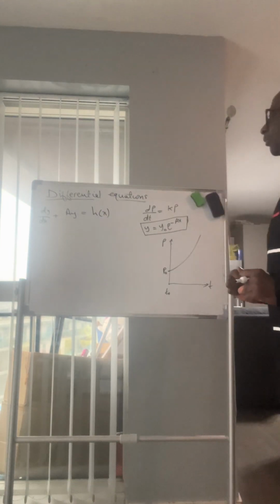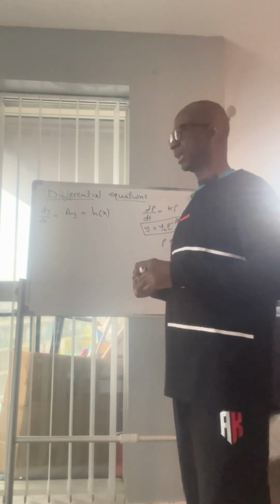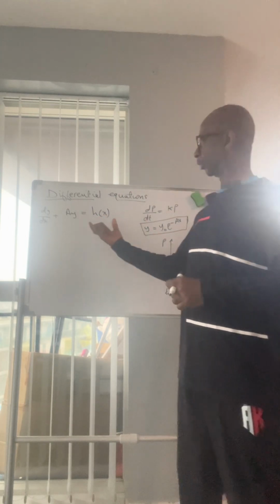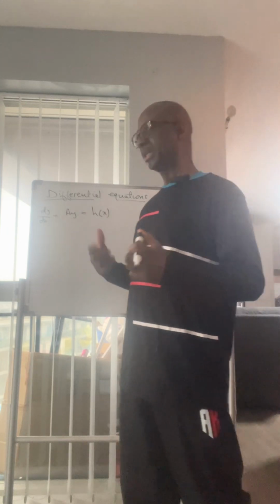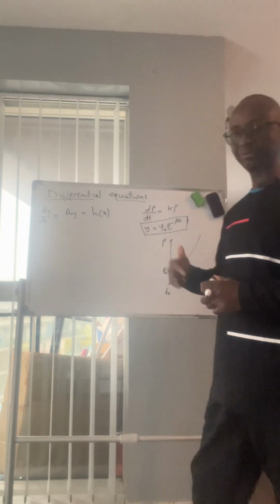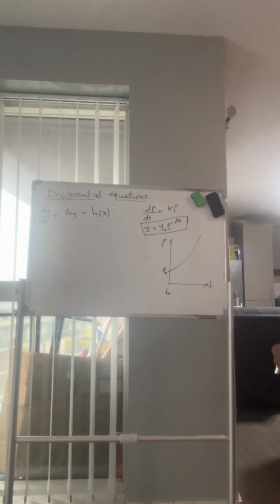So why do we need this? Because when you want to model real life situations, in most cases you will come up with this type of differential equation, which means we should find means by which we can solve this type of differential equation.